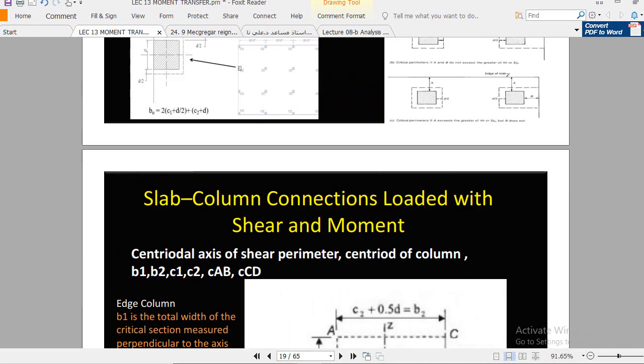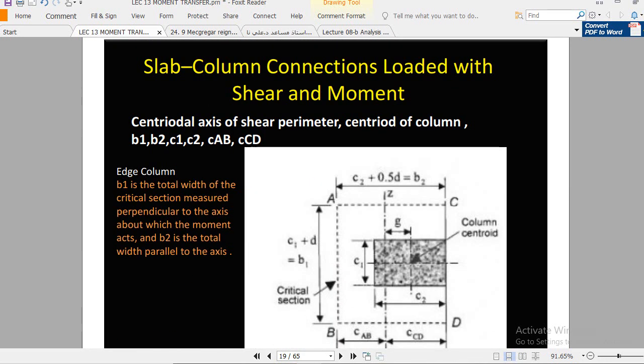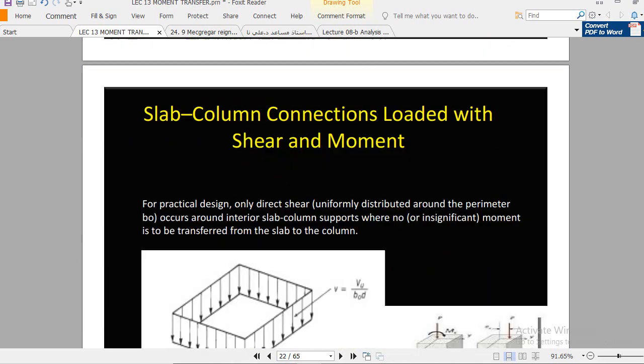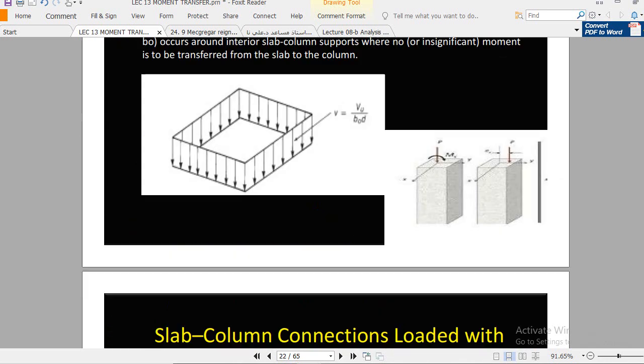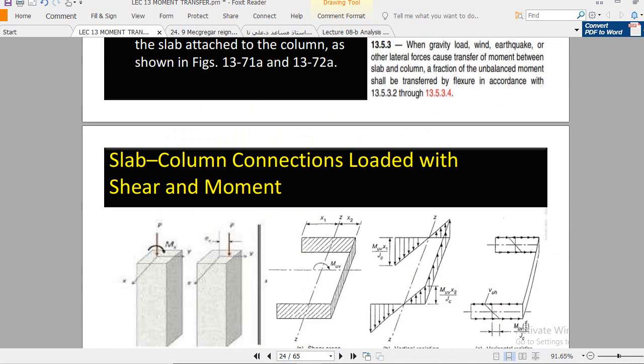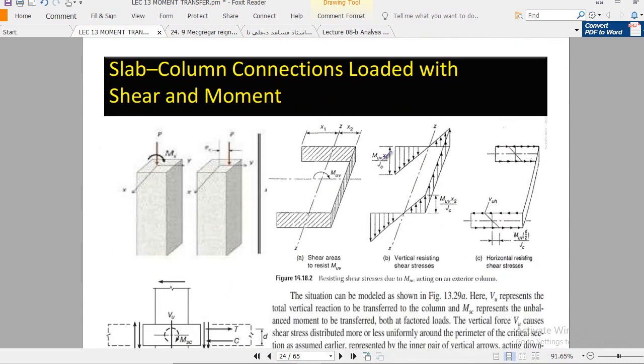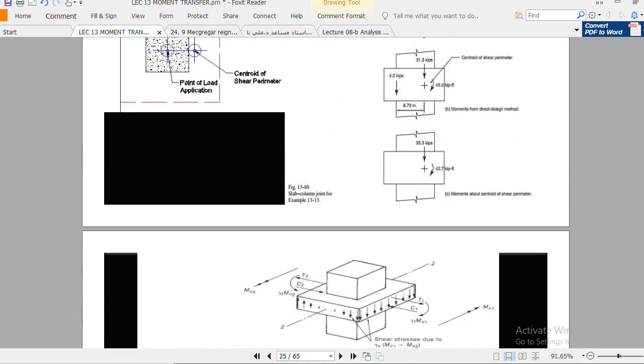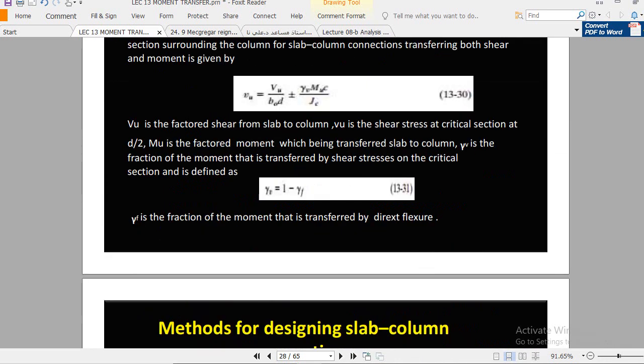Then in lectures number 14 and 15, we understood the different notations which will be used in today's lecture as well, and we saw the shear and flexure interaction, right? We understood thoroughly how to calculate the shear when we have transfer of moment, when we have a shear flexure interaction.